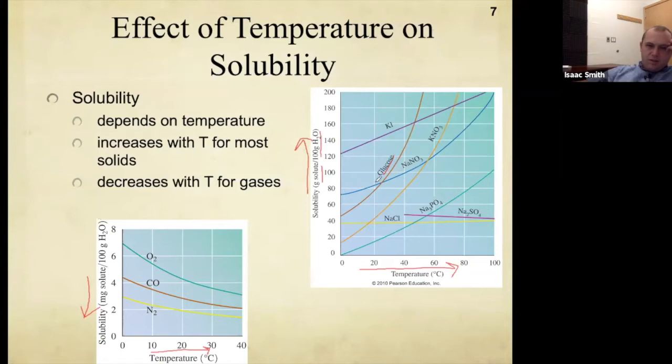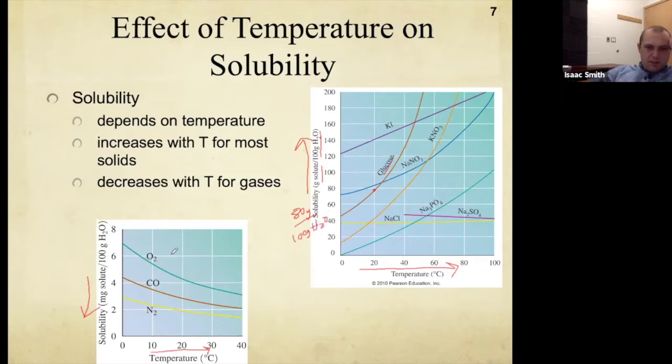So for example, let's take glucose at 20 degrees. Okay, that's right here. So glucose at 20 degrees is about 80 grams per 100 grams of water.